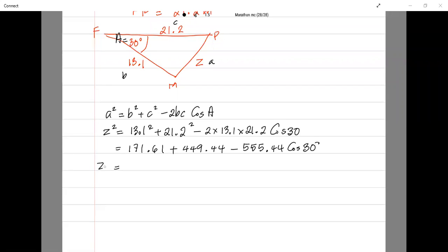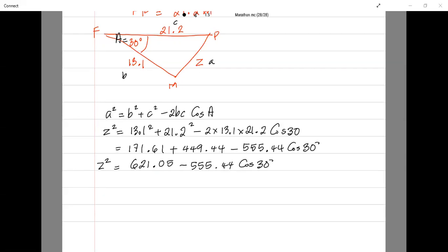So z squared would be equal to 621.05 minus 555.44, the cosine of 30 degrees.